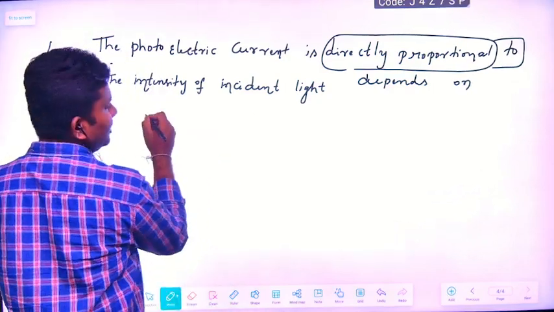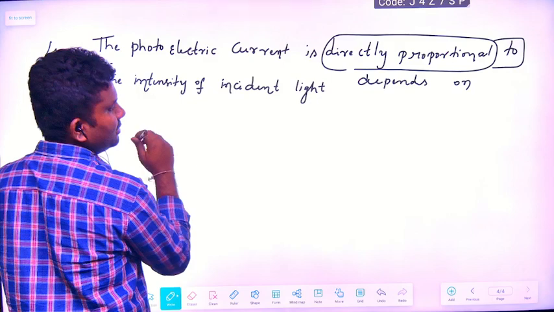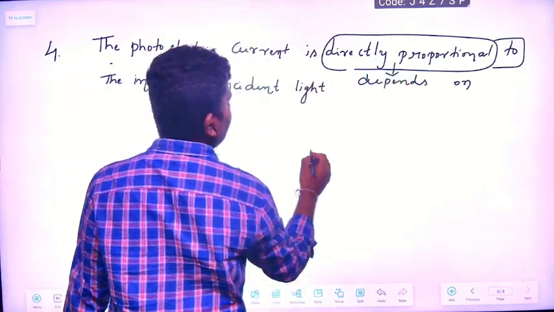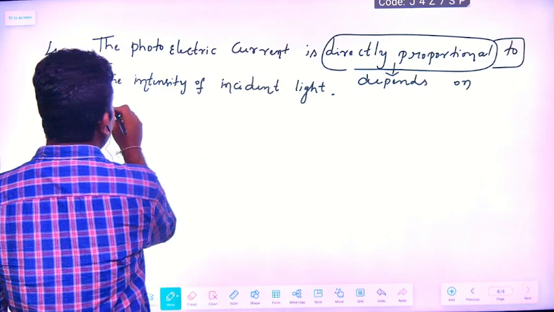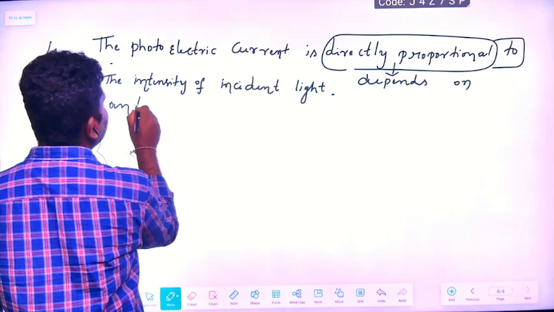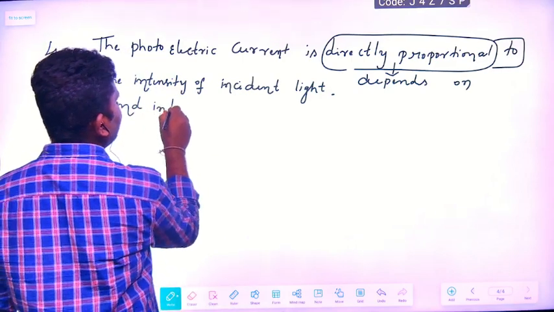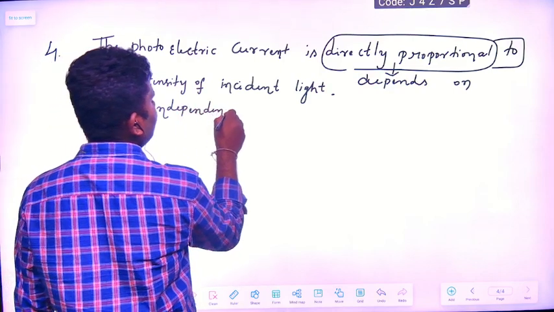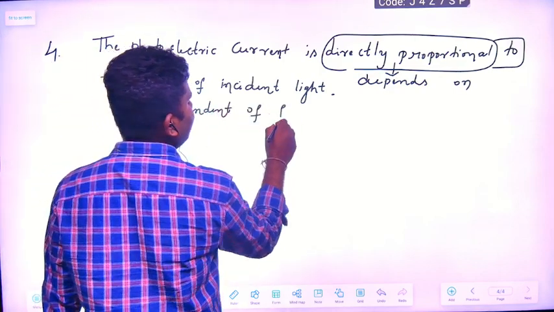It depends on the intensity of incident light and is independent of the frequency of the light ray.